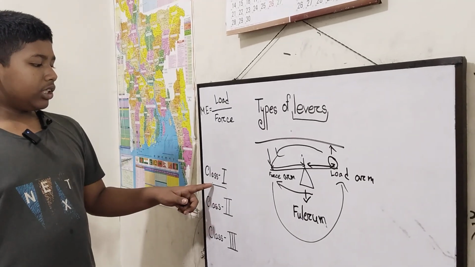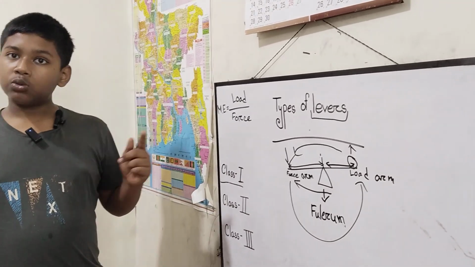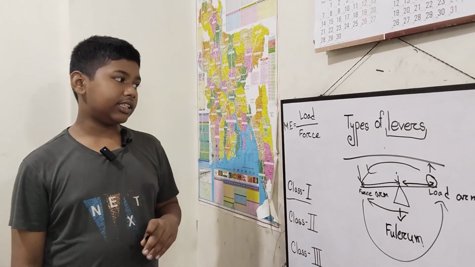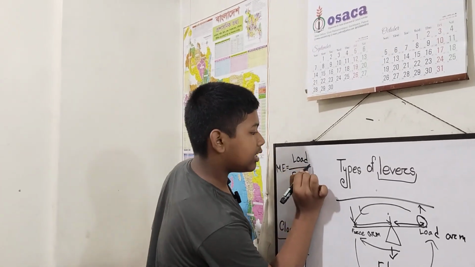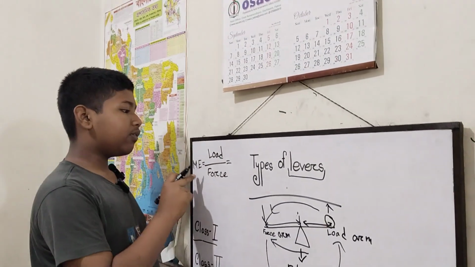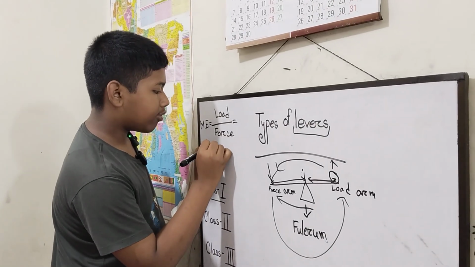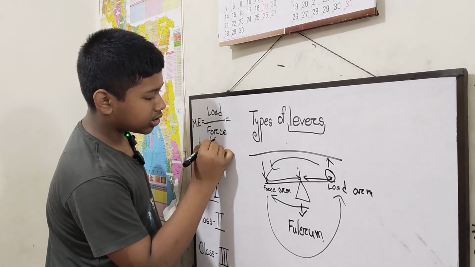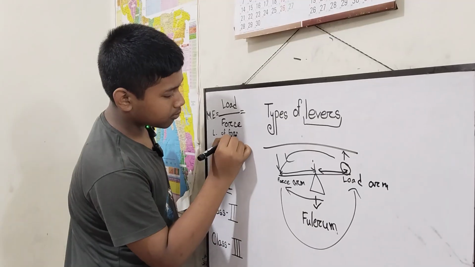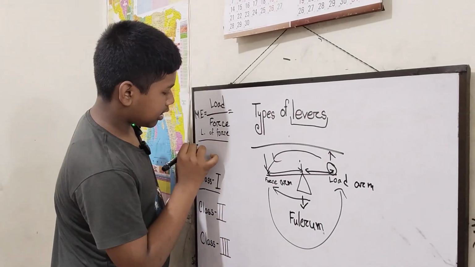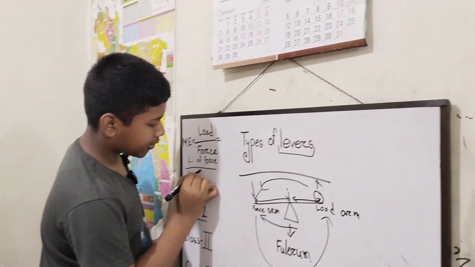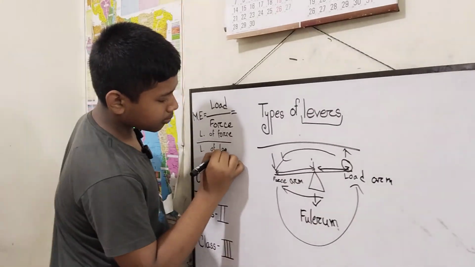Now, to increase the mechanical efficiency of a class 1 lever, we have to do certain things. Another thing is that the mechanical efficiency can also be the length of the force arm by the length of the load arm.